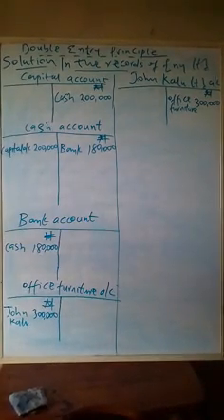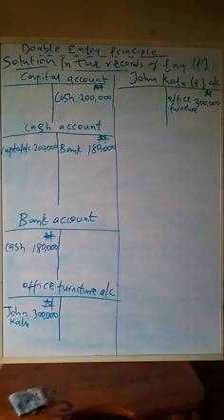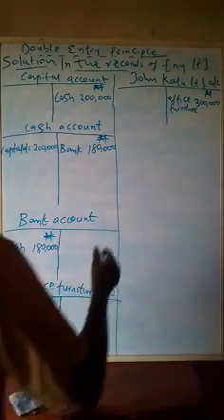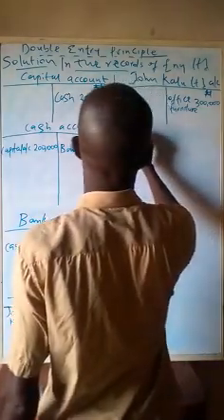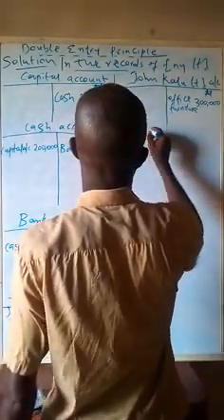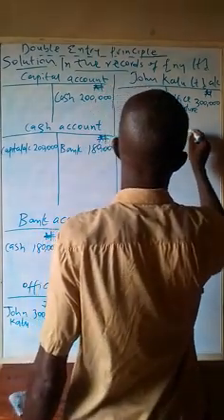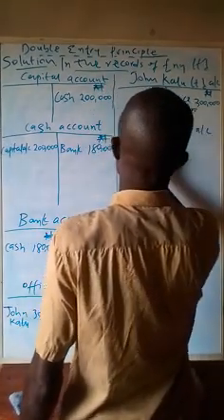Next, bought works machinery from Wale and Sons on credit. Wale and Sons account is giving out.